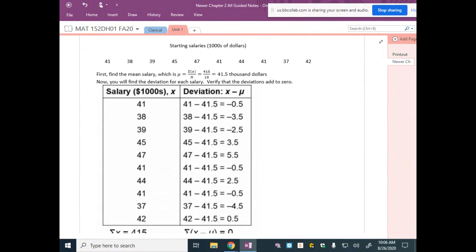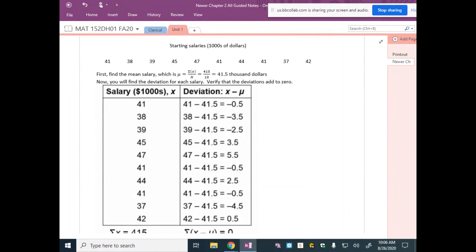Either way, the mean is going to be 41.5 thousand. When I give you a problem like this, on a problem set or a test, the mean is always going to be a whole number, because I don't like dealing with decimals with this.